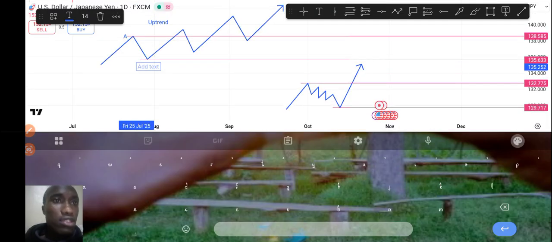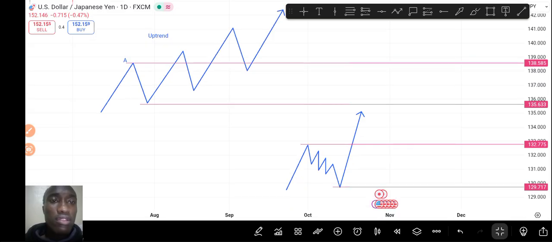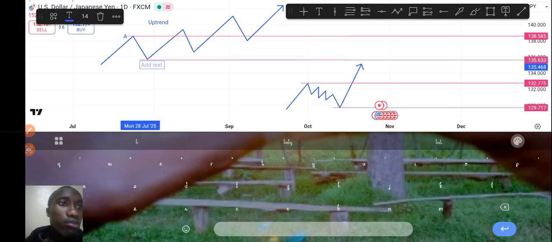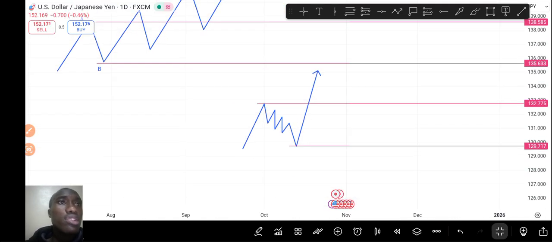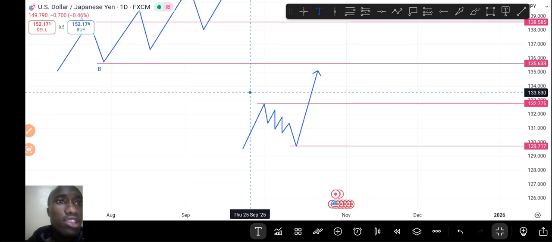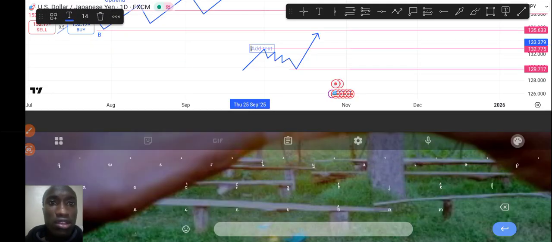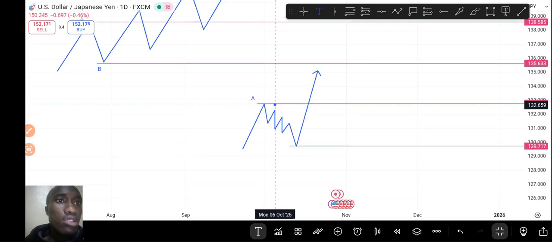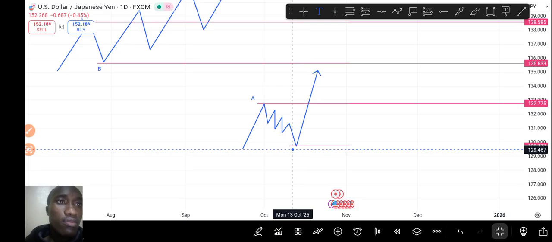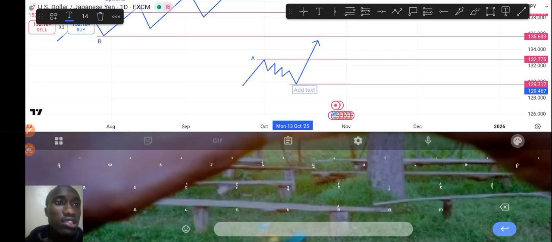Here we have our point B. Good. And then the same applies to this one. We have our point A here and our point B here. Just this is the same movement.